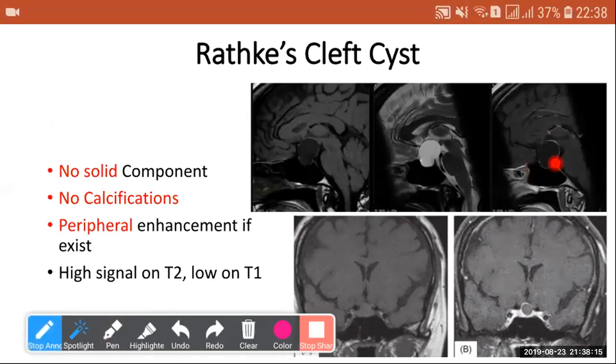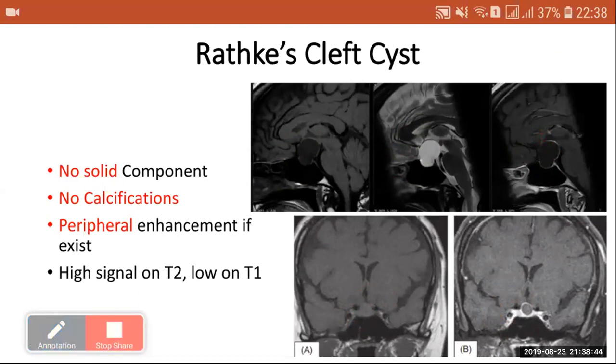On T1 it is just like CSF, and on T2 also just like CSF, and it always comes in the midline in the pituitary or slightly above the pituitary. In this case, we see the pituitary gland enlarged, but after gadolinium infusion, we see that there is a cyst here. So it is a Rathke cleft cyst.